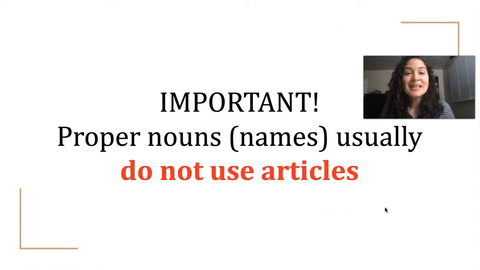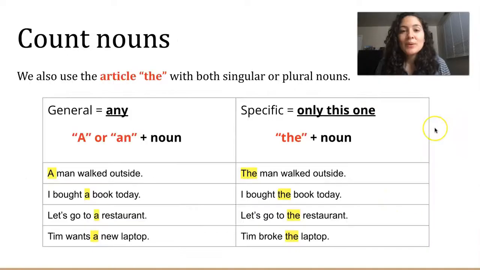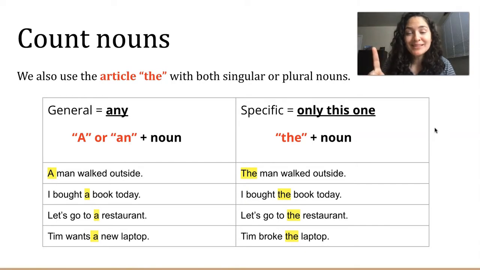When we use nouns, proper nouns, that means names, do not use articles. No a, an, no articles. Here are some examples of proper nouns with no articles. In count nouns, sometimes we use a, an to show one noun.